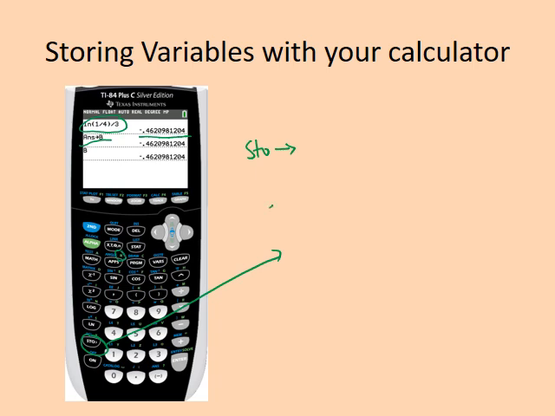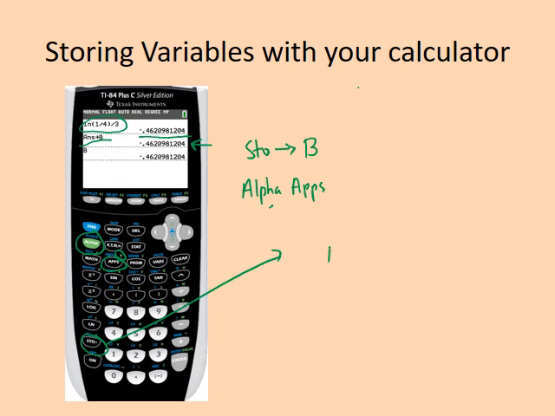B is right there, which is green. To get there, you have to press alpha and then the apps button, which will give you B. So you press alpha and then the apps button, and it would store that value as B, which means that B is now stored as that long decimal.